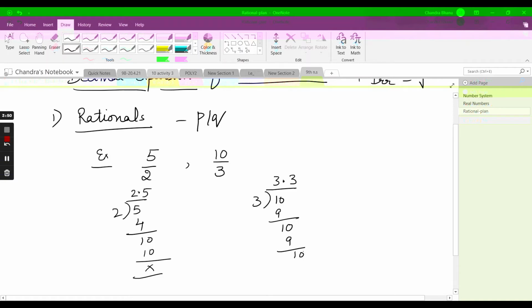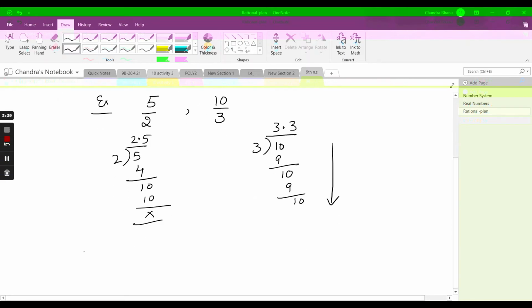So what do you think? Is this division going to stop? No. So there are two categories in rational numbers. One when your division stops, and one when your division does not stop.